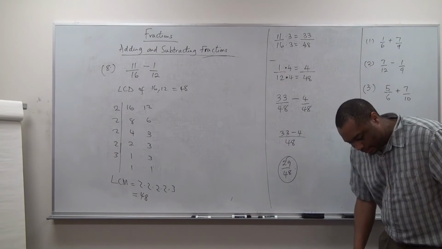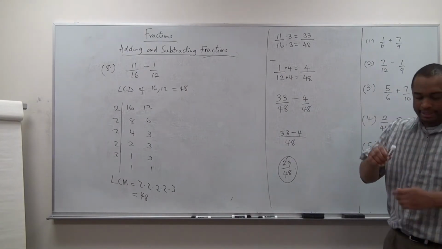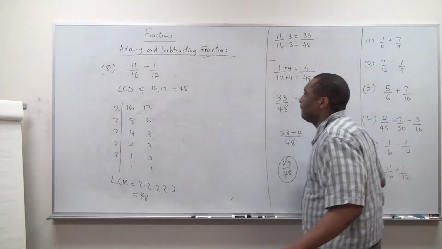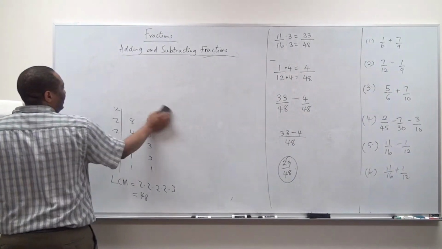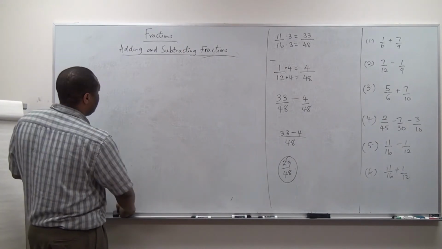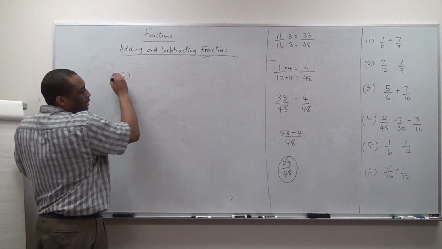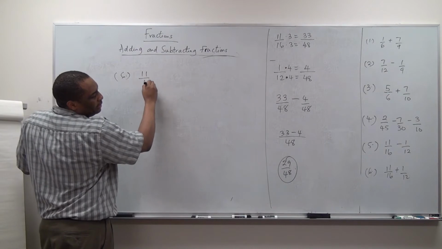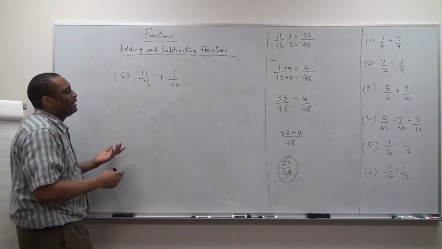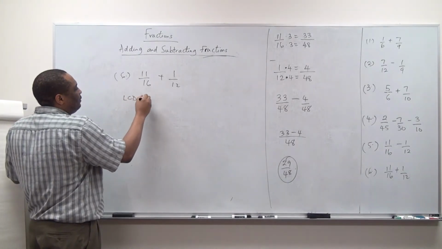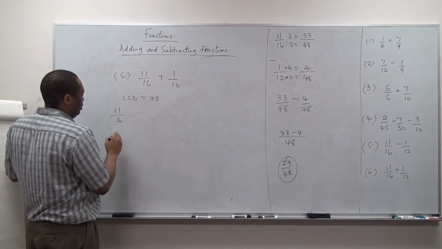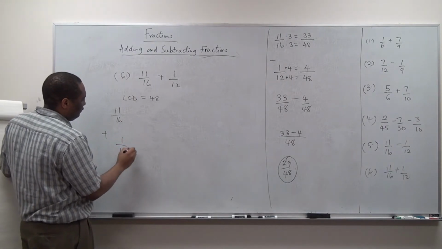Right? The next one, probably the last one, before we call it a day. Number 6, 11 over 16 plus 1 over 12. This is the same way we did. Of course, the LCD is 48. So 11 over 16 plus 1 over 12.